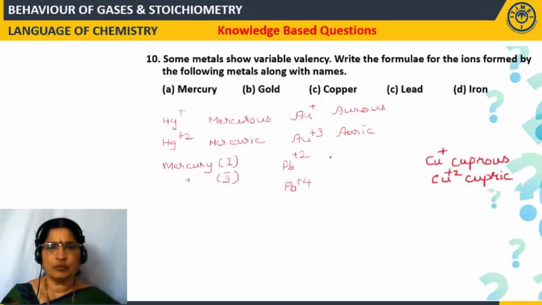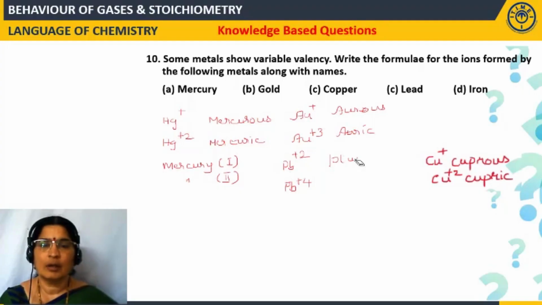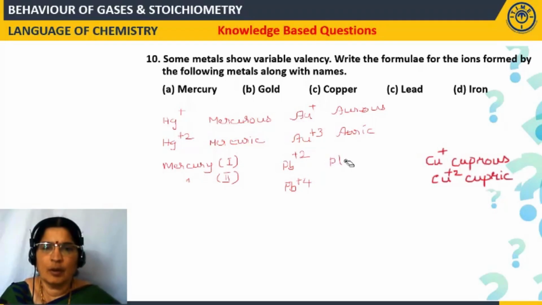Pb plus 2 is plumbous. You know that the lower valency ion gets ous suffix. Then the higher valency ion gets ic suffix.